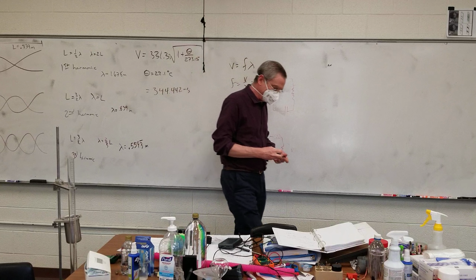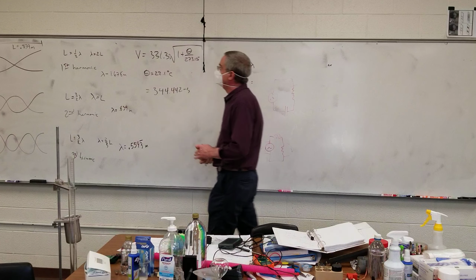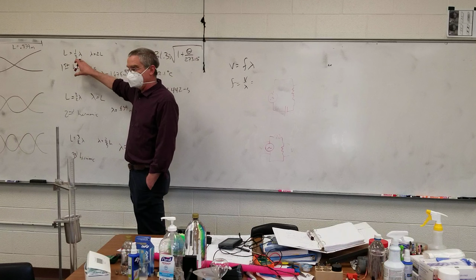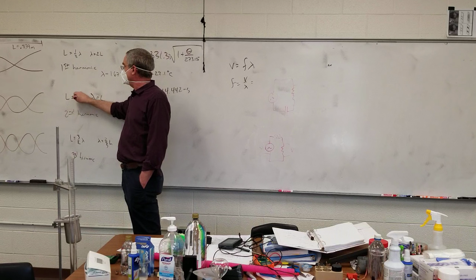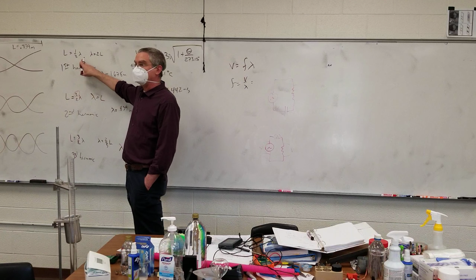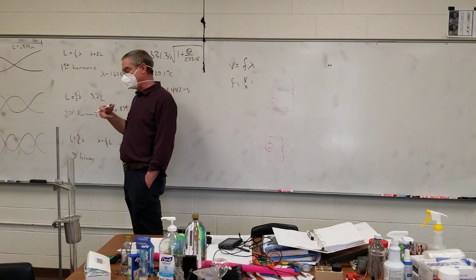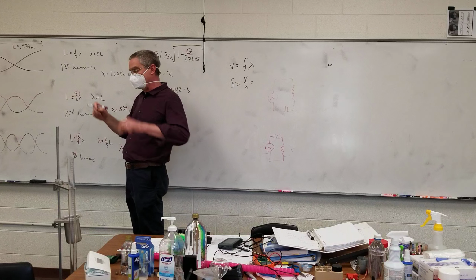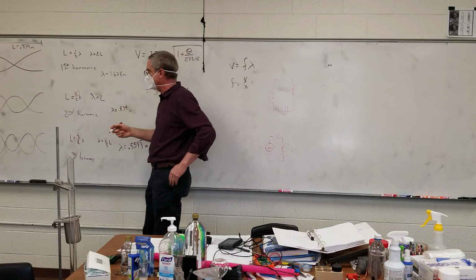I also want to point out something I did not point out last time. We have our first harmonic here, half of a wave in this particular case. The second harmonic is 2 times what we first had. The third harmonic is 3 times what we had. That actually is a pattern that maintains. It also works for the vibrating string with two fixed ends, or any wave with 2 fixed ends.